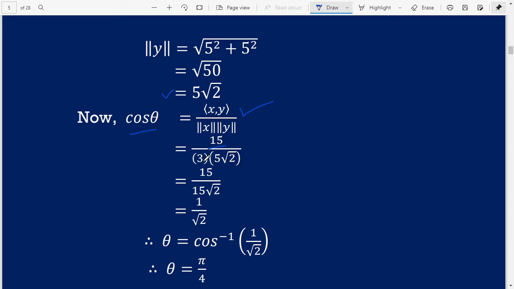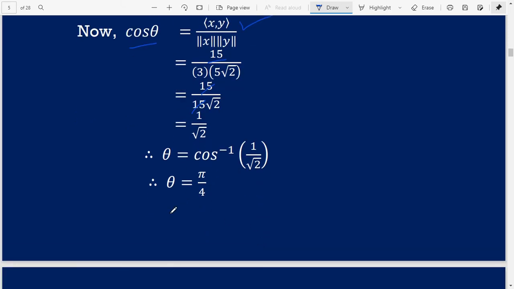So 5 into 3 is equal to 15, so this is equal to 1 upon under root 2. Cos theta is equal to 1 upon under root 2. So theta is equal to cos inverse 1 upon under root 2. So we get theta is equal to pi by 4.